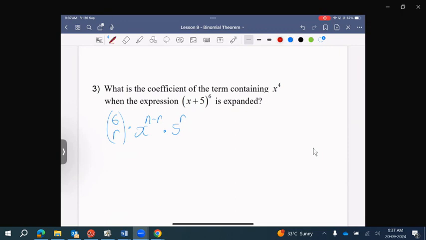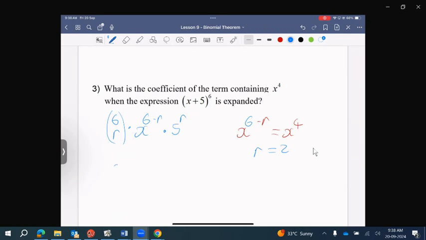Well, we need x to the n minus r to equal x to the 4. We know n is 6, so 6 minus r. What is the value of r? 2. So this tells us that r is equal to 2.